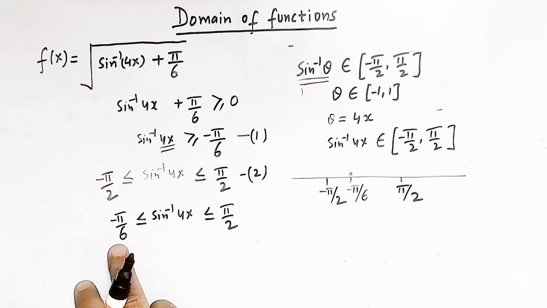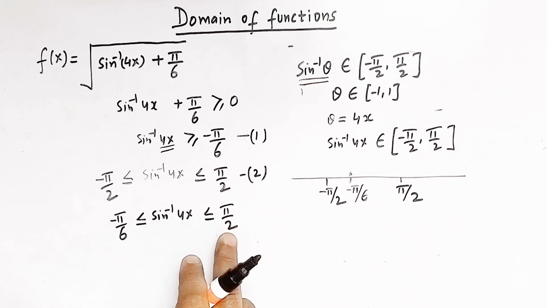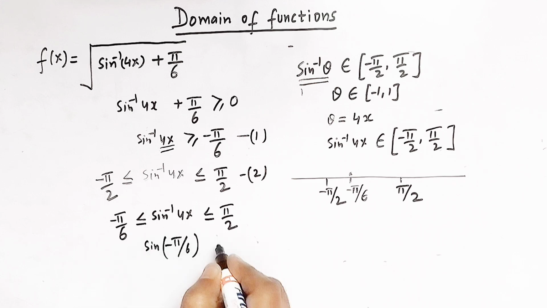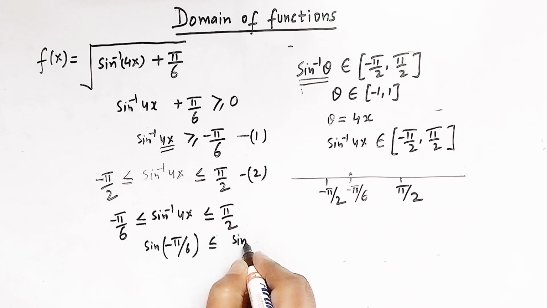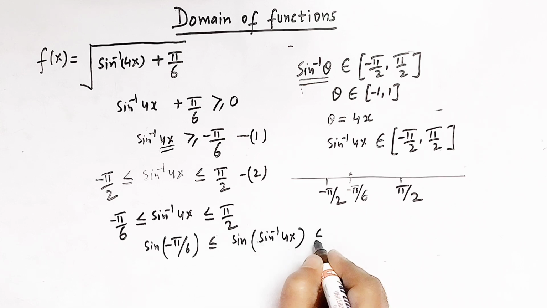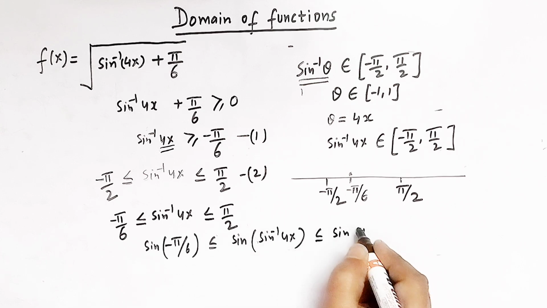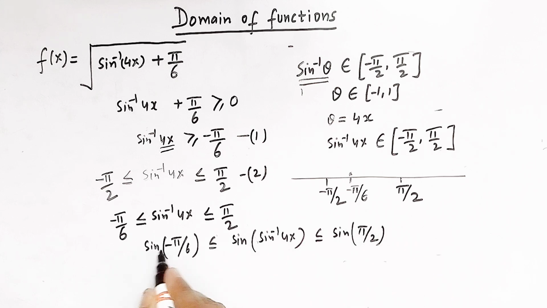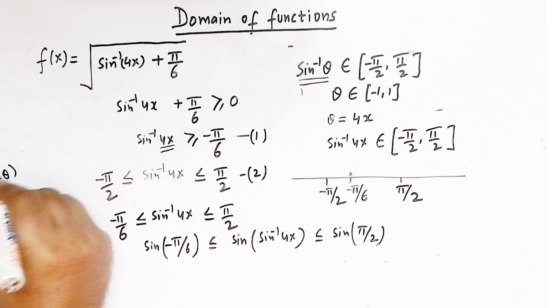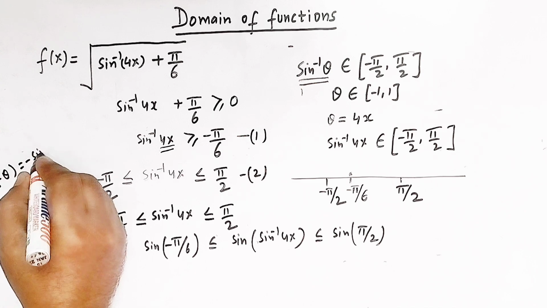So now let us take the sine of each of these three terms. We have sine of minus pi by 6, then sine of sine inverse 4x, and then sine pi by 2. Now sine minus theta is equal to minus sine theta.